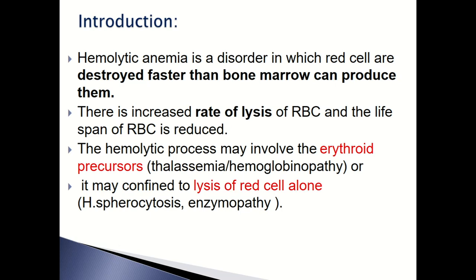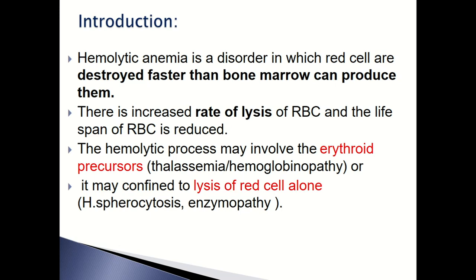Now, this hemolytic process may involve two things. One, either the erythroid precursors, or it may occur due to lysis of the red cell alone. Erythroid precursors, like if there is any deficiency of globin chain synthesis, as in thalassemia, or mutations as we see in sickle cell anemia, are grouped under hemoglobinopathies.